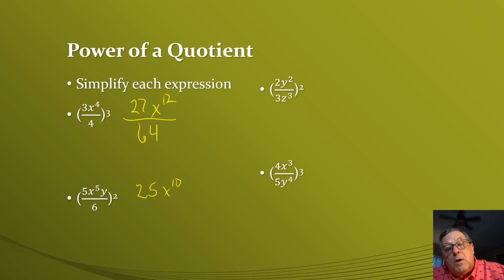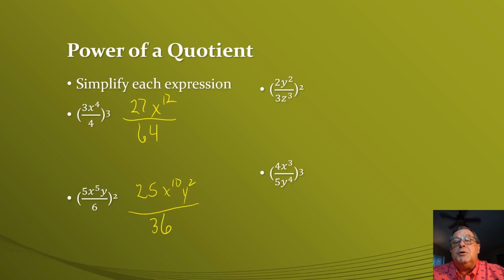And then we've got y squared, y to the 1st times 2. 1 times 2 is 2. And then we've got 6 squared, dealing with the denominator. Well, 6 times 6 is 36. So 5x to the 5th y over 6, squared, is 25x to the 10th y squared over 36.